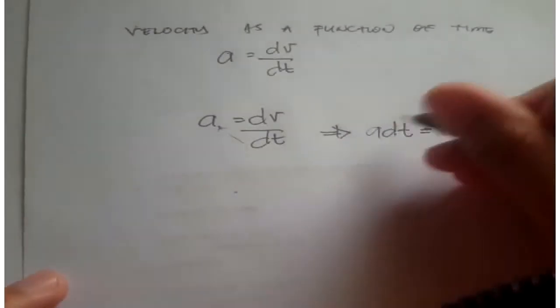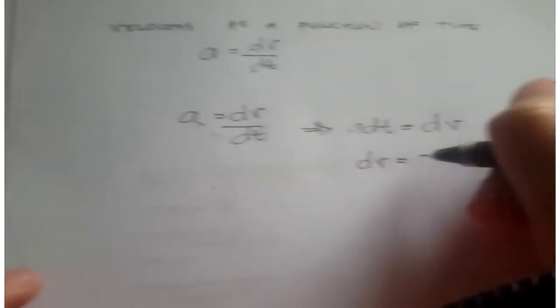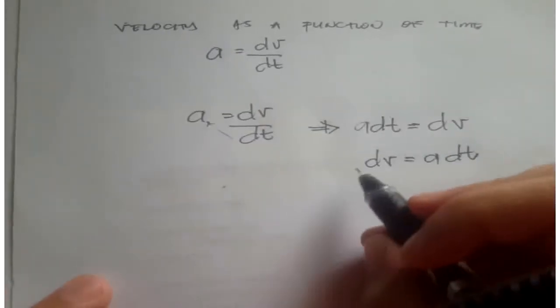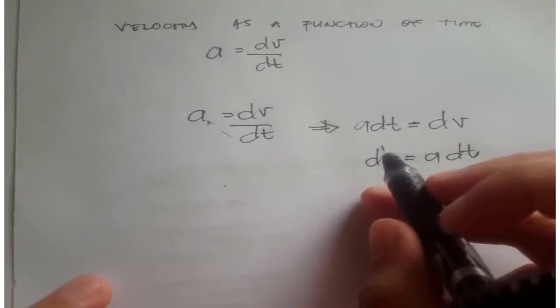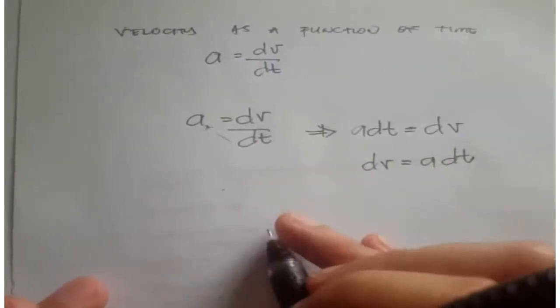You can swap the position of dt and dv, they are the same, but let me put the dv there so that we can later on find the value of v on the left side.